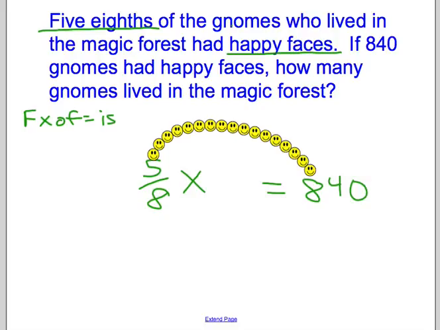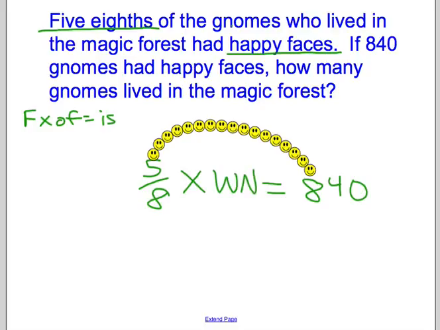Okay. The question is, how many gnomes lived in the magic forest? What is that idea? What's the idea that we're looking for there? How many gnomes live in the forest? And what is that idea? The total. Okay. And we talked that total goes in the middle or in the of spot. So the variable that I'm going to use is what number?